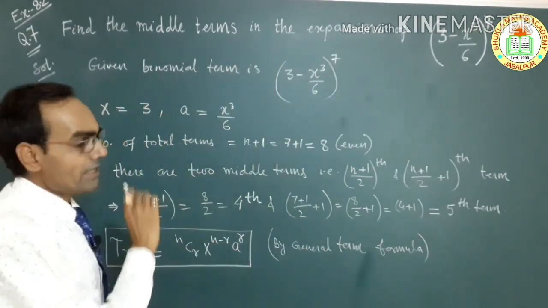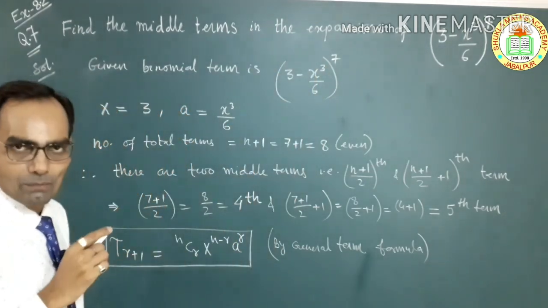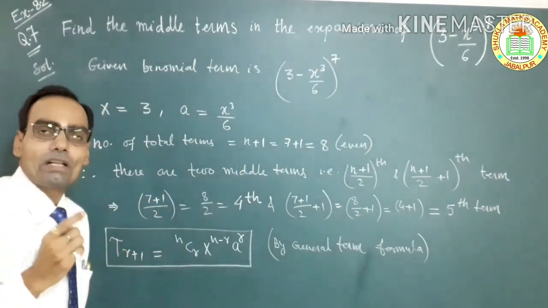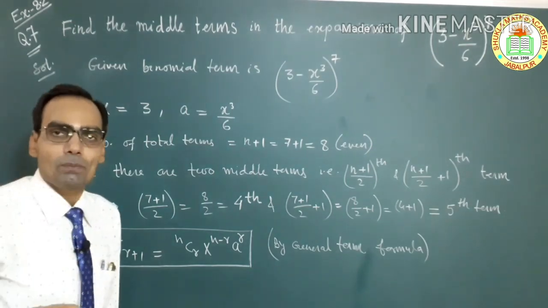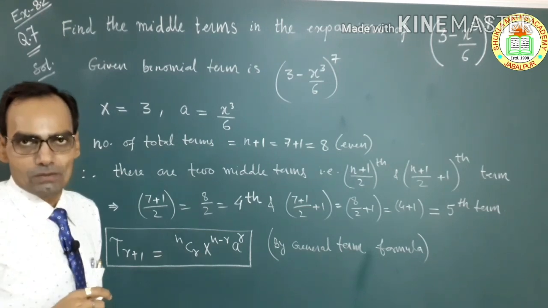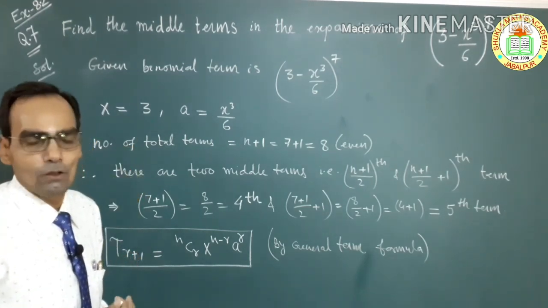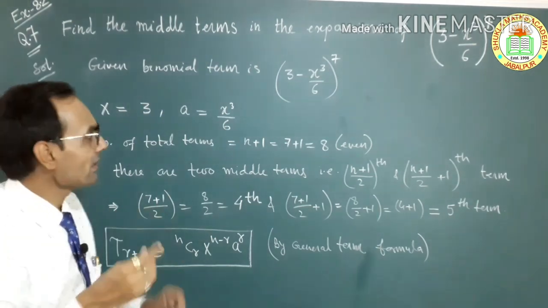Now see carefully, our n is 7. 7 is an odd number, and we know that the total number of terms in the expansion of a binomial is always n + 1. So the total number of terms here is 7 + 1, that is 8.